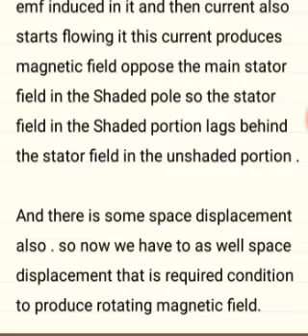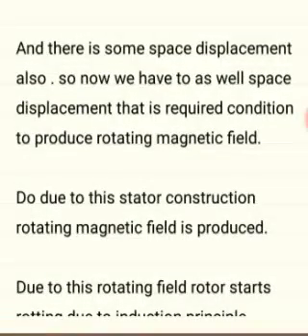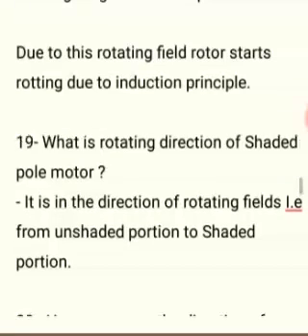So the stator field in the shaded portion lags behind the stator field in the unshaded portion, and there is some space displacement also. So now we have the time as well as space displacement that is required to produce a rotating magnetic field. Due to this stator construction, a rotating magnetic field is produced. Due to this rotating field, the rotor starts rotating by induction principle.